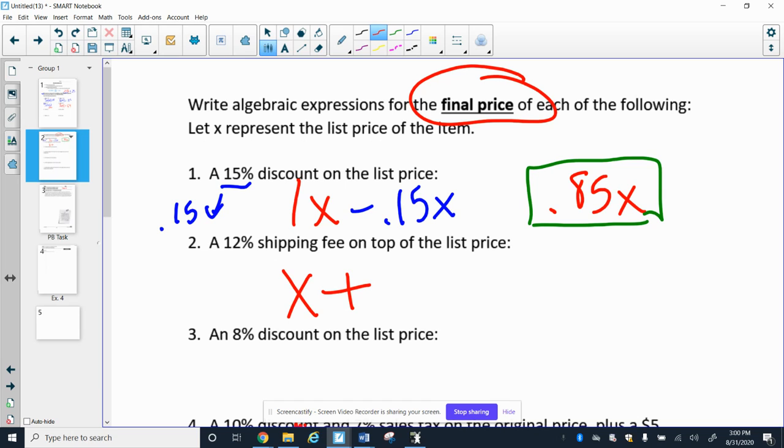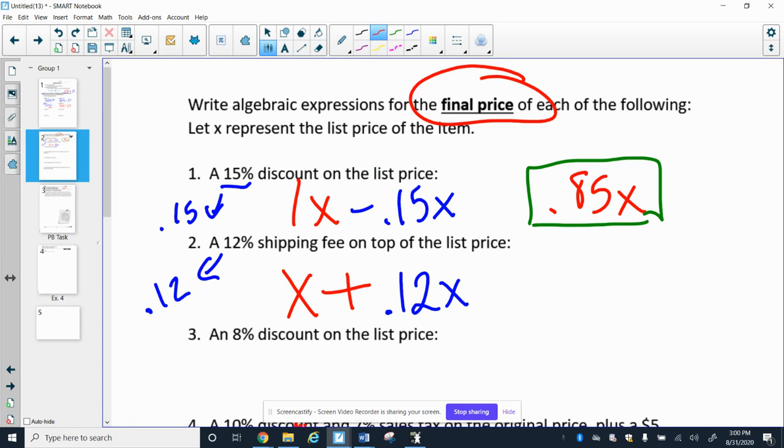So plus, remember, 12%, that's the same thing as 0.12. Okay, so we have X plus 0.12. And remember, anytime we're taking a percent, it's of something. So 12% of that list price, X. So you have X plus 0.12X.